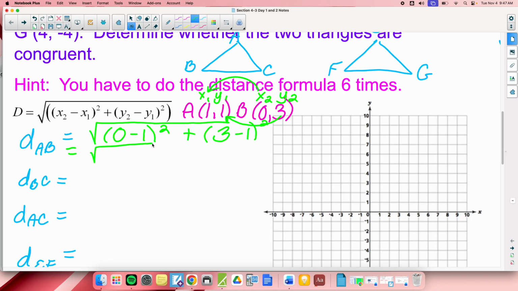Then 0 minus 1 is a negative 1 squared, and 3 minus 1 is 2 squared.